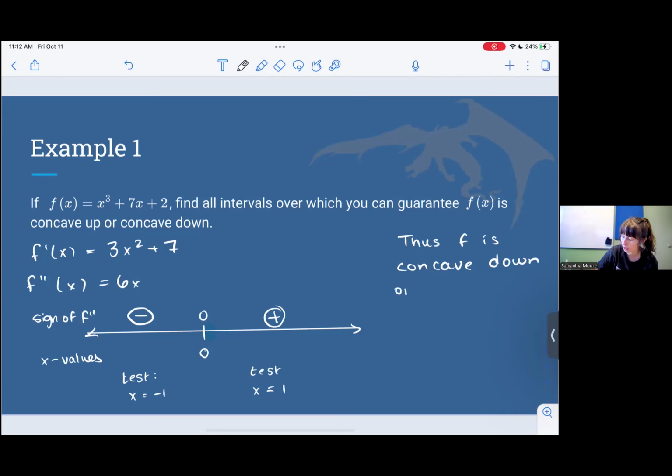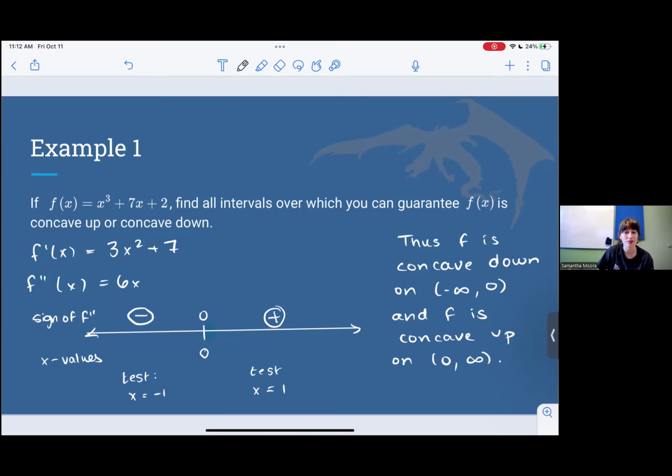So concave down on -infinity up to 0, not including 0, because f double prime isn't negative at 0. And f is going to be concave up whenever f double prime is positive. So f is concave up on the interval from 0 to infinity, again, not including 0, because f double prime is not positive at x equals 0.